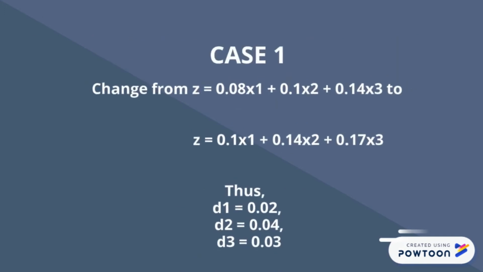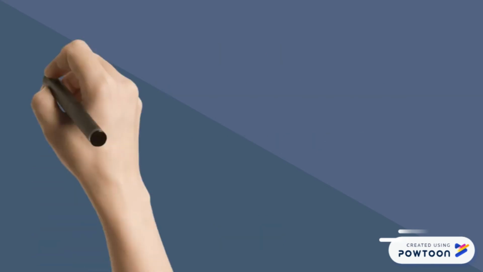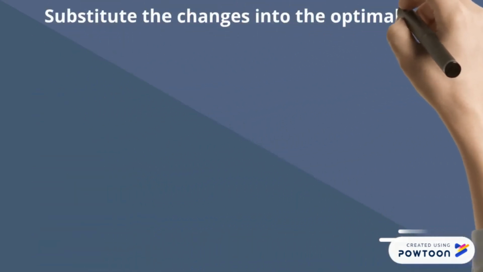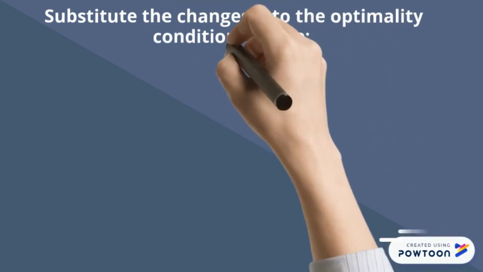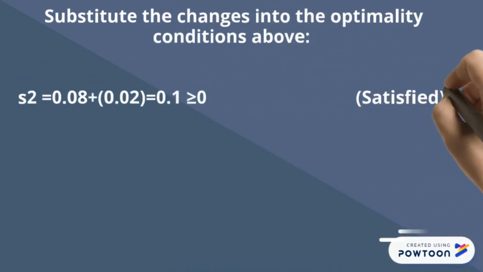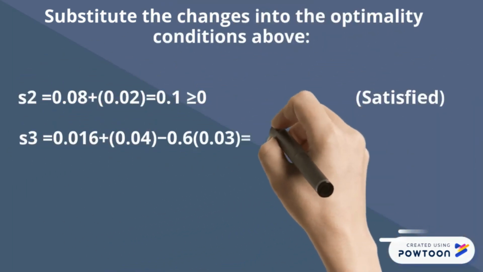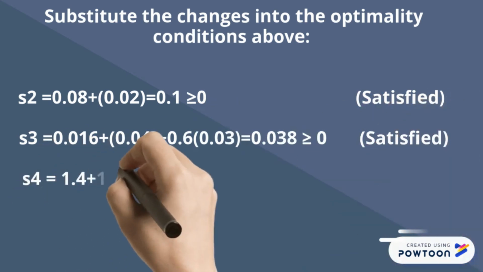For case 1, there are changes in objective function, so new objective function minus original objective function to get small letter d1, d2 and d3. Substitute the changes into the optimality condition above and consider satisfied when NBV is greater than 0.